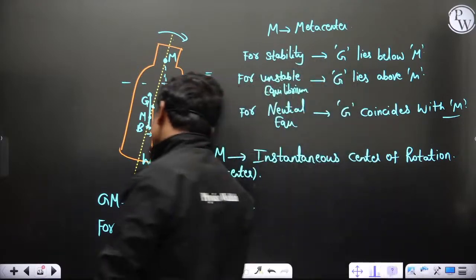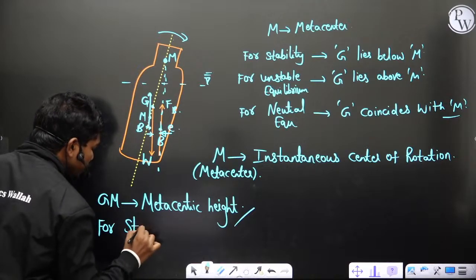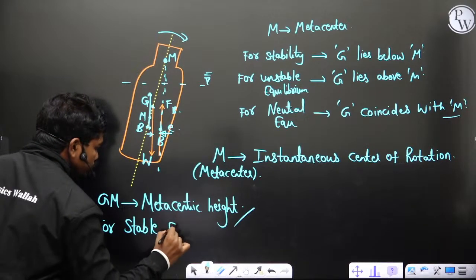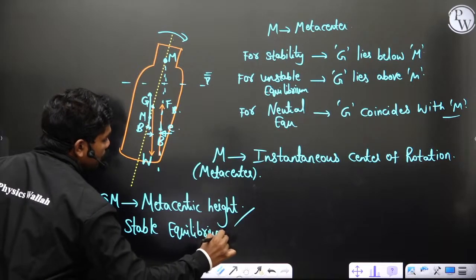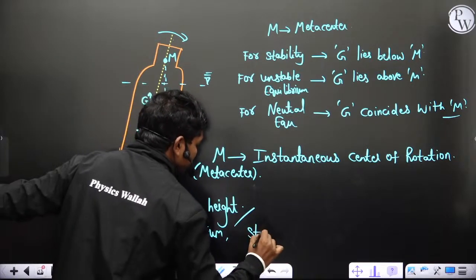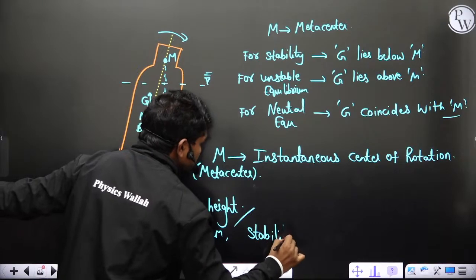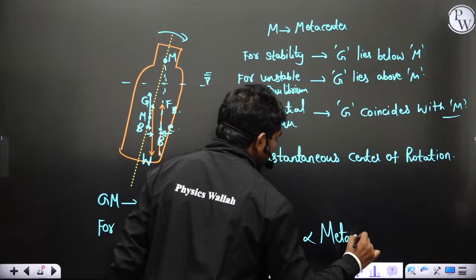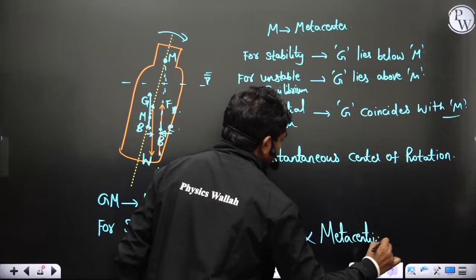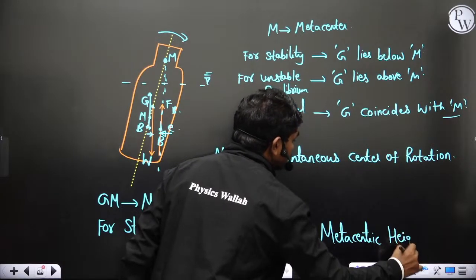For stable equilibrium, stability is proportional to the metacentric height, which is GM.